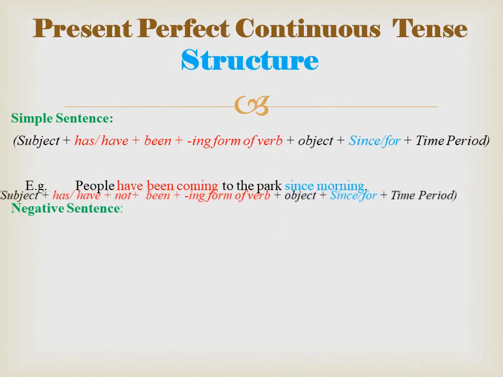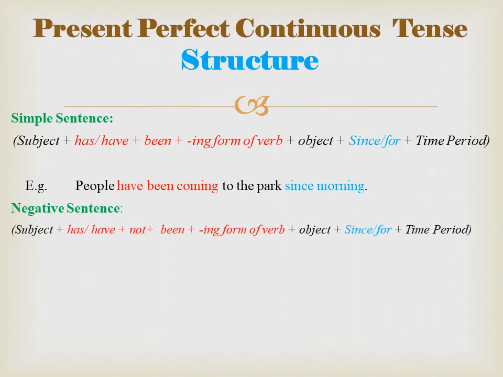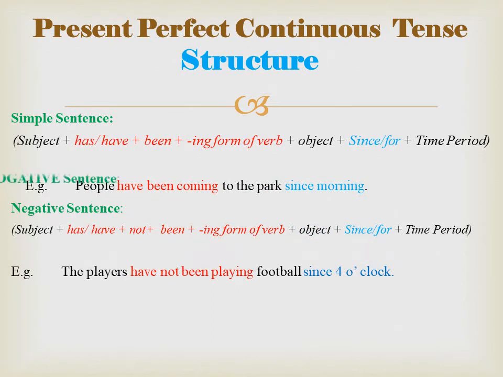Negative sentence: subject plus has/have plus not plus been, then ing form of a verb, then object plus since, for, and then time period. Example is here, the players have not been playing football since 4 o'clock.